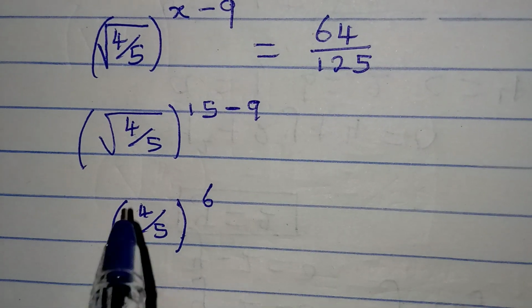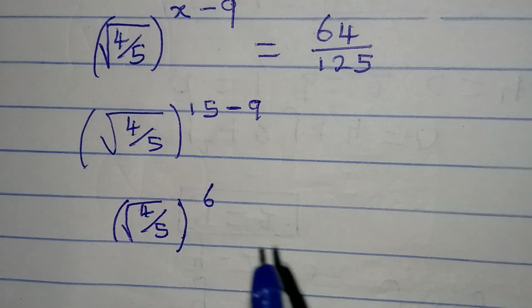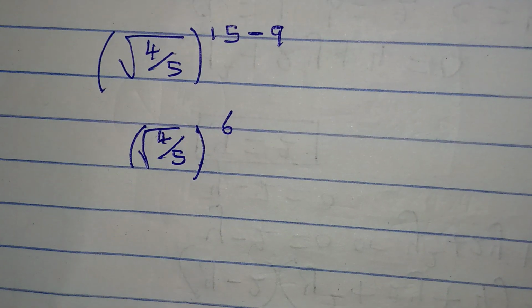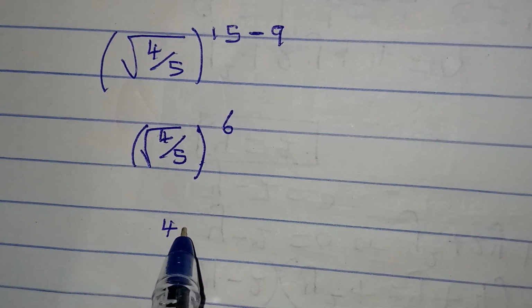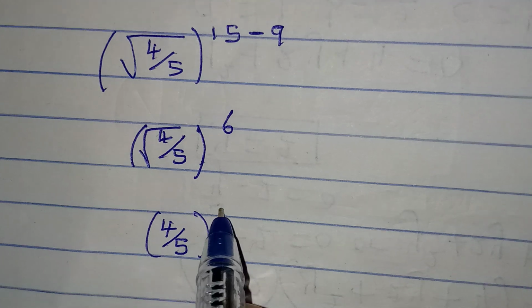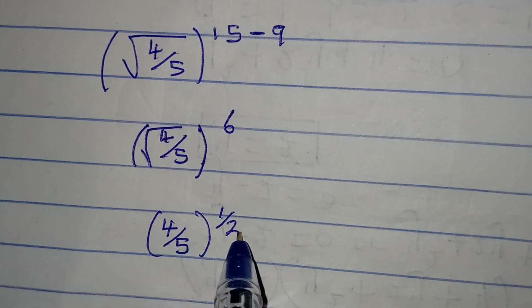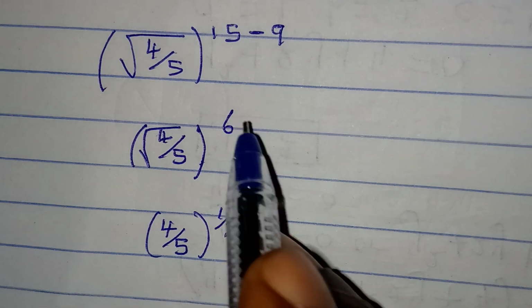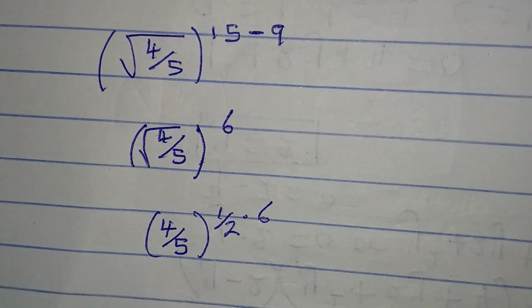Okay, but then, sorry, this is a square root. Now, the square root there can be removed. So we have (4/5)^(1/2) because of the square root. And then we will multiply the next power there, which is 6.